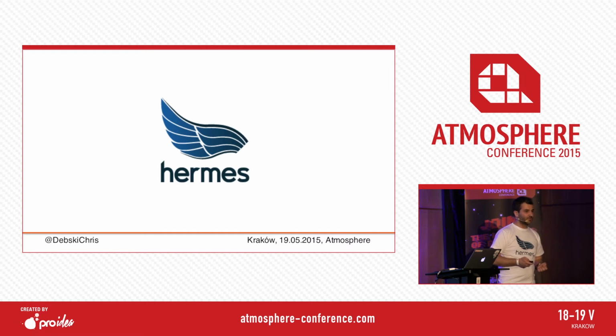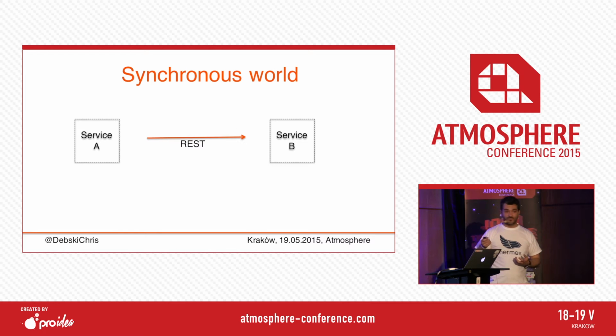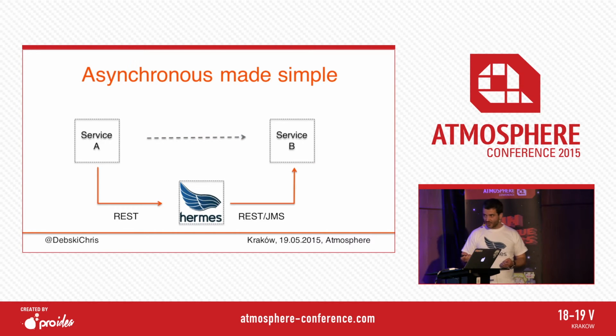That's why we decided to build something on top of Kafka. We decided to build Hermes. There are a couple of reasons why. First of all, in Allegro we are communicating with REST, and we are basically using synchronous communication with the REST protocol. With Hermes, we can easily shift from synchronous communication, where two services communicate with each other, to asynchronous, where it's synchronous via the service and Hermes, because it must be.